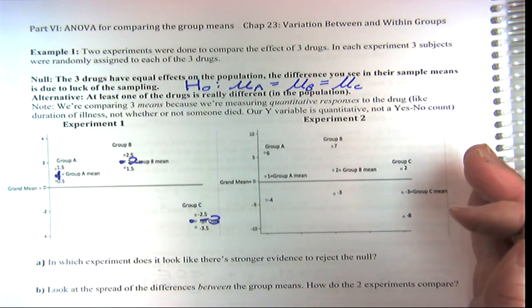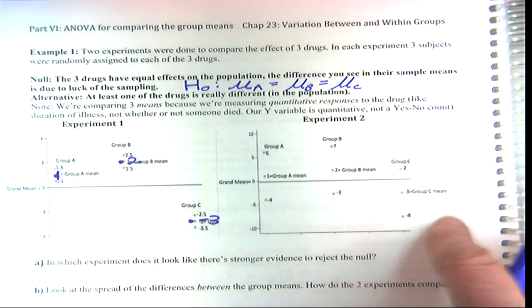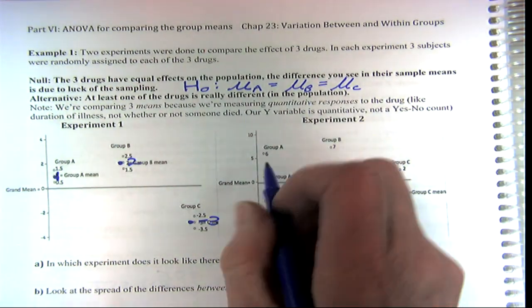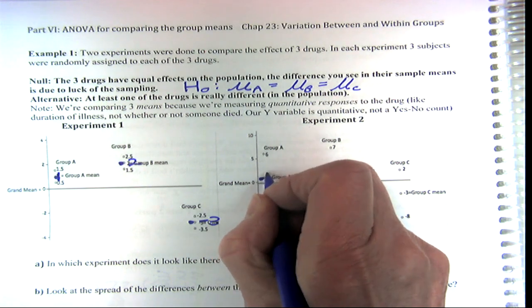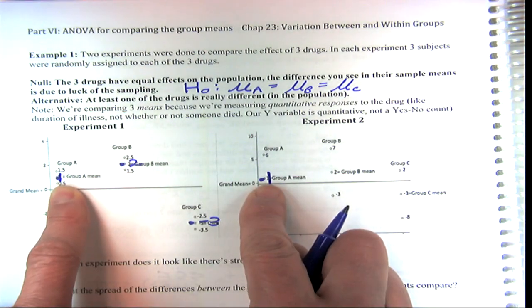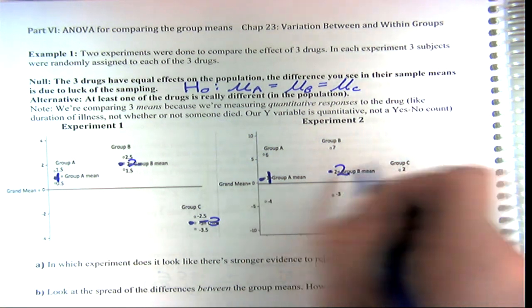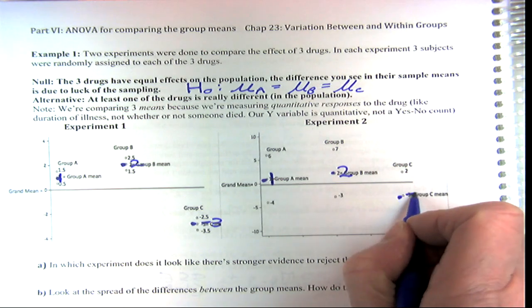Now our second experiment used the same drugs, drug A, drug B, and drug C, let's just pretend. And here, the average is 1 for a group. It's exactly the same. Just looks different, but it's exactly the same. I made them so they have the same averages, 2 and -3.